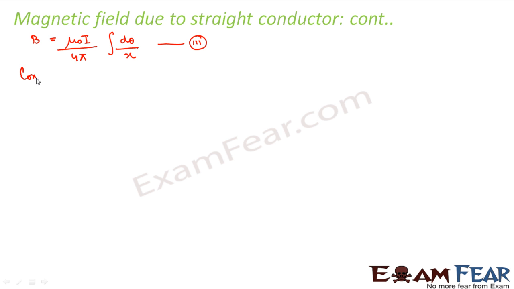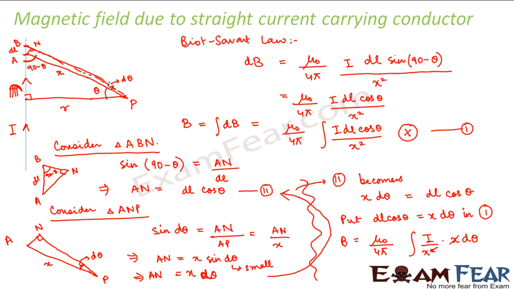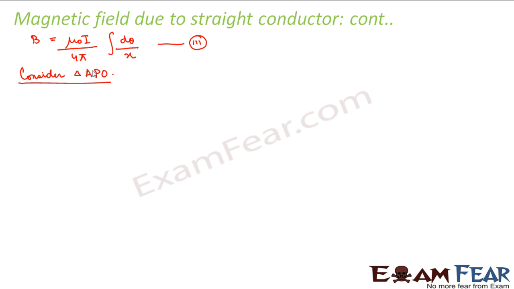Now I again consider another triangle, that is triangle APO. This is the most evident triangle, that is APO. Let us call this point O. Let us draw APO. This is O, this is A, and this is P. This is R, this is X, and this angle is theta.